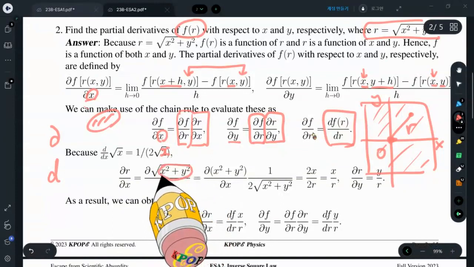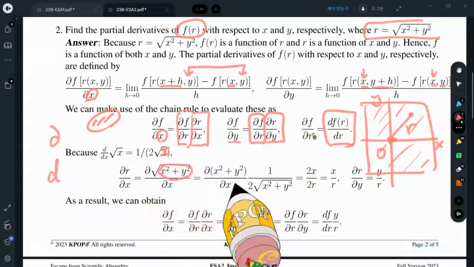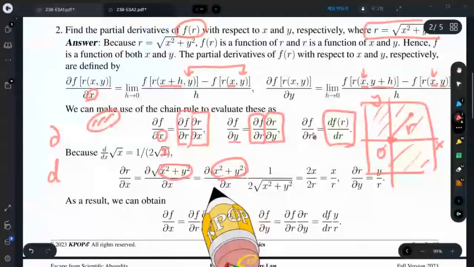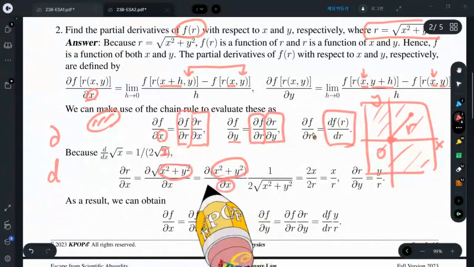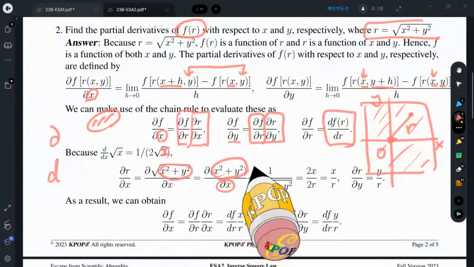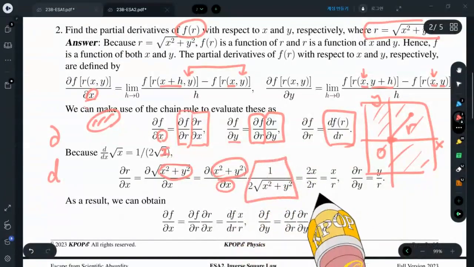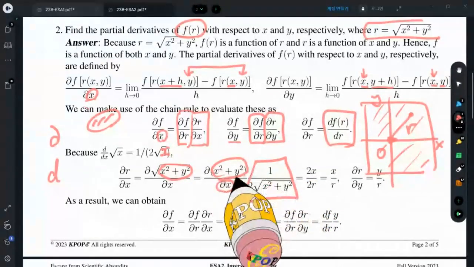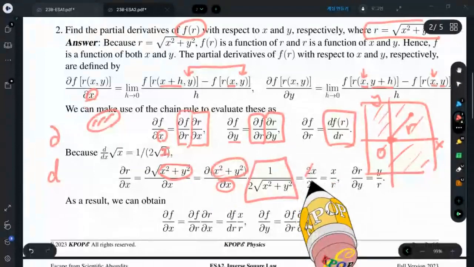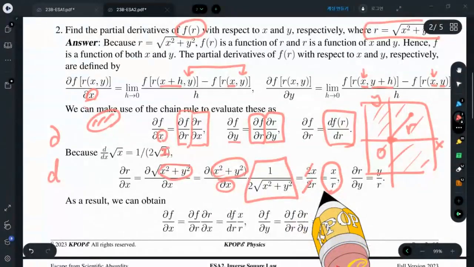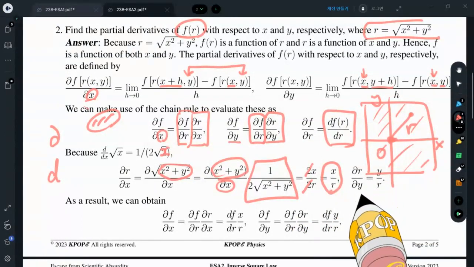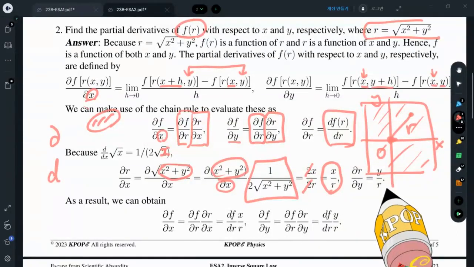This guy's derivative is 2 times this, and this guy, we take the derivative with respect to x. Therefore, this one is common, that is 1 over 2r in the denominator, and this one becomes 2x. So the 2 cancels to give x over r. In a similar manner, r's partial derivative with respect to y is y over r.